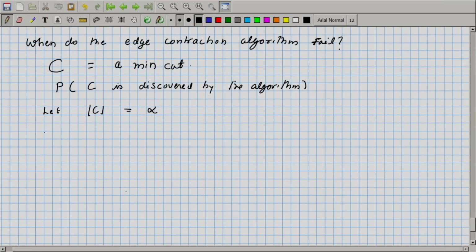So, let us say E_i is the event that the ith step, or the ith contraction, does not involve a cut edge.